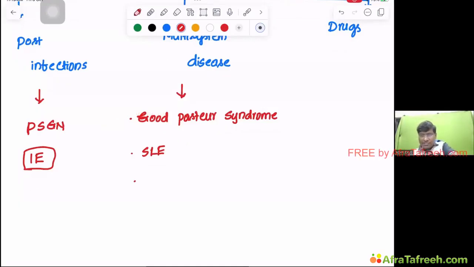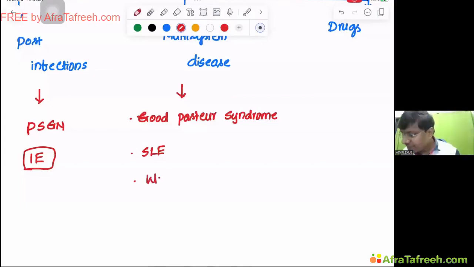Yes, Wegener's. Then, what is GPA, Jacob? One is Wegener's. The other is Henoch-Schonlein purpura, microscopic polyangiitis. The other one is Churg-Strauss syndrome. These four are your small vessel vasculitis.